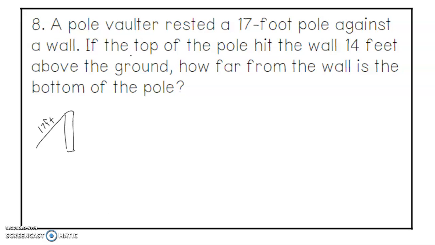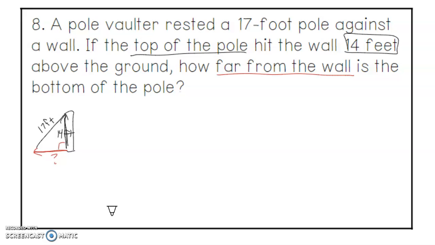If the top of the pole hit the wall at 14 feet above the ground, so that's telling me this height is 14 feet. Okay, how far from the wall is the bottom of the pole? So I'm trying to figure out this distance right here. Okay, and drawing the picture helps me see what all the pieces are.